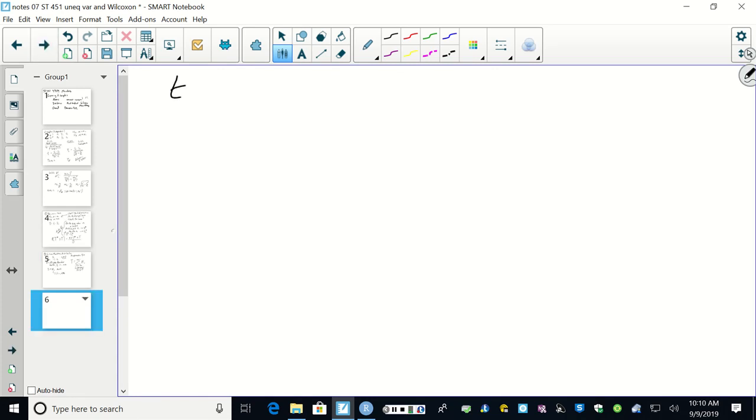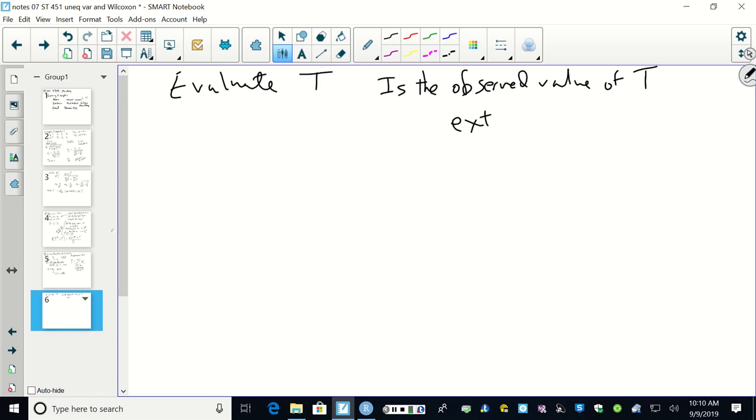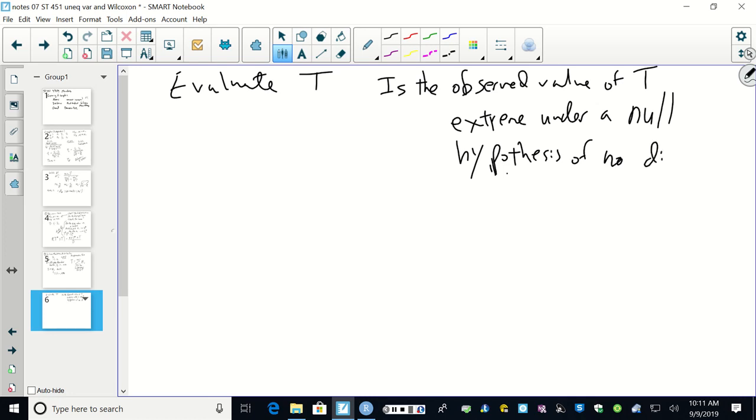So how do you evaluate whether the observed value of t is extreme under a null hypothesis of no difference between the groups?